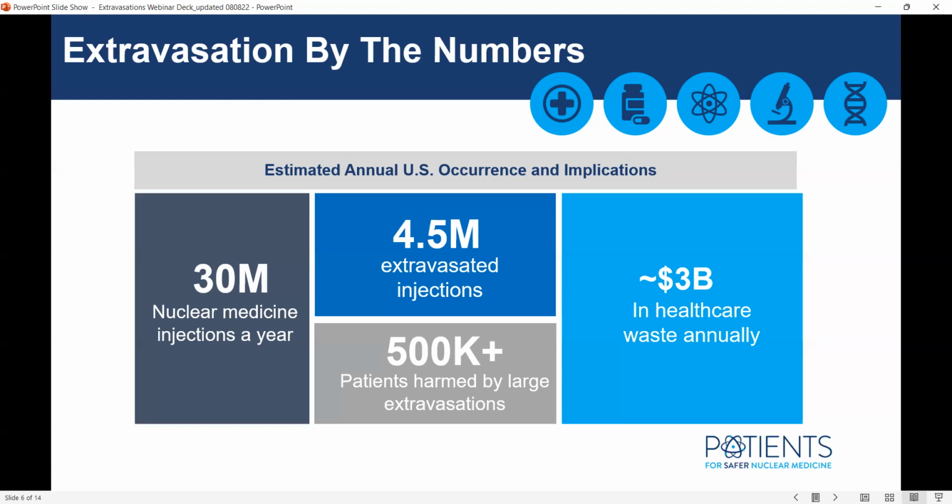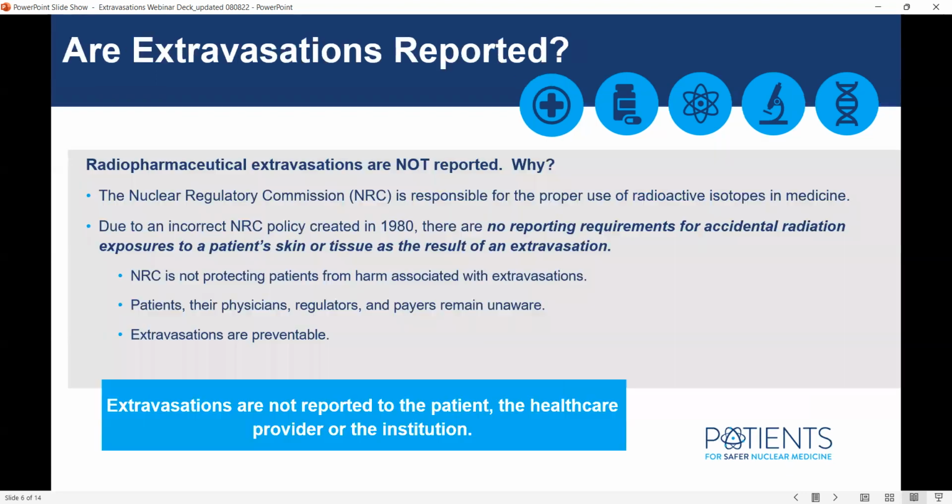And that's happening to an estimated 500,000 patients in the US every year. So why is this happening? Because extravasations at this time are not considered a reportable medical event. There has never been a requirement to report these large extravasations.